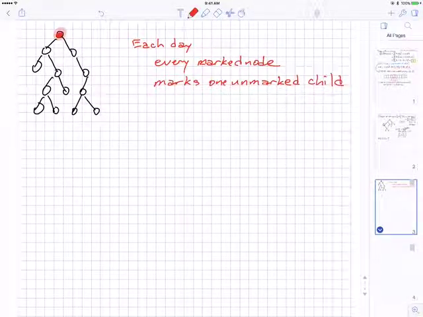And the question is, how many days do we need to do this so that everybody's marked? And I want this number to be as small as possible. The freedom of choice that I have is whether the first time I have an opportunity to mark one of my children, do I mark the left child or do I mark the right child?